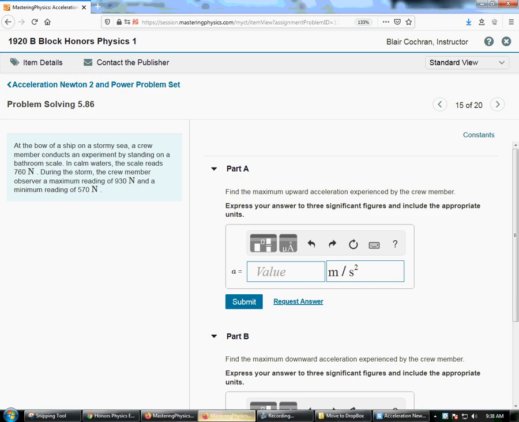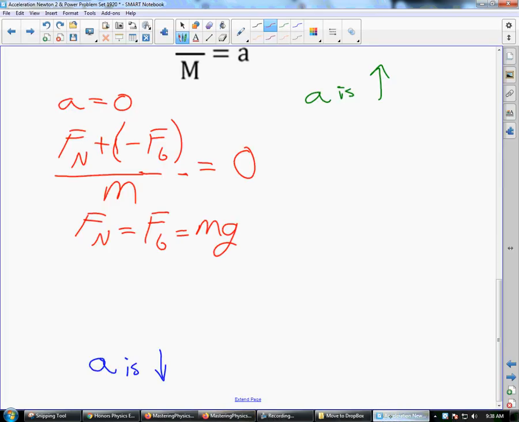It's going to be different for you. So I've got 760 newtons equals whatever my mass is, and since this takes place on the Earth, I'm going to say 9.81 newtons per kilogram.